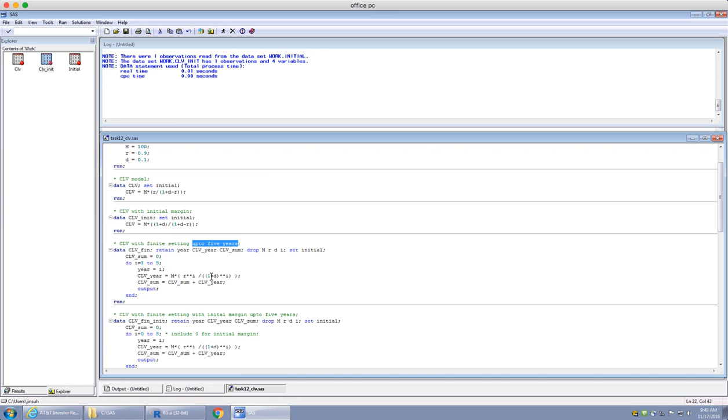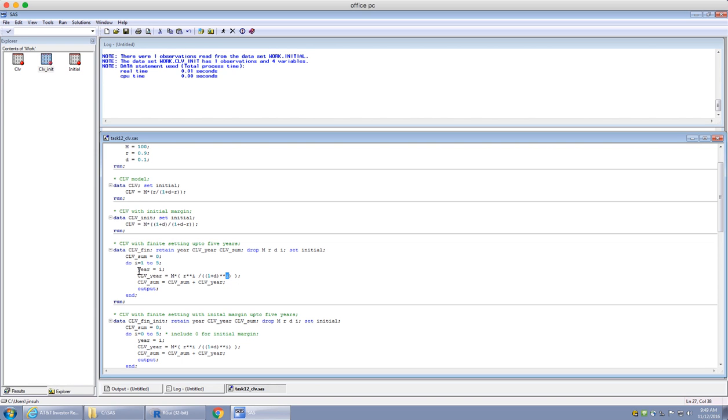Okay. In that case, I would have to have the CLV per year. The CLV per year has a formula of M multiplied by R raised to the power of I, where I is the year iteration, divided by 1 plus the discount rate raised to the power of I again.